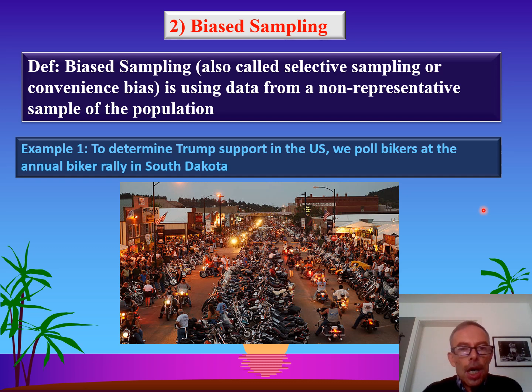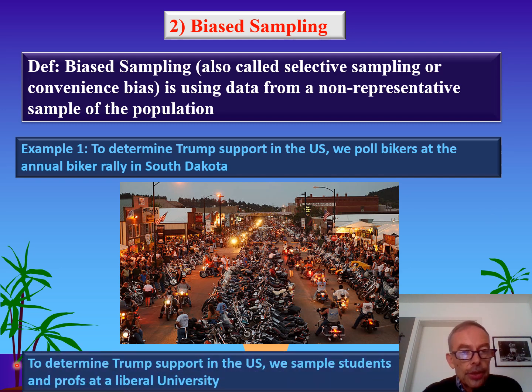If you would poll Trump support there, you would probably get a very high support, because Trump supporters are usually white males without a college education, and you'll find a lot of those at that biker rally. So this sample would not be representative of the US population.